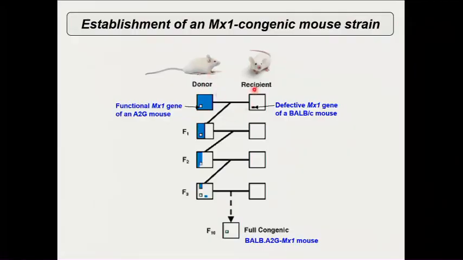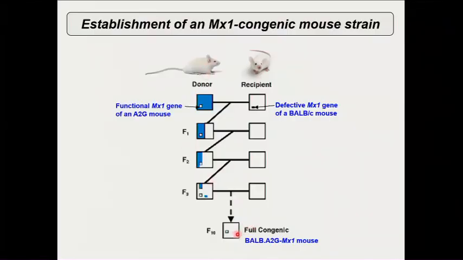So what you do is you breed them, and then you get an F1 generation that's half this and half that. Then you look at which ones in this generation have the functional MX gene, and then you breed them again back on the negative strain. And you repeat this and repeat this and repeat this. And largely, not completely, every single time you do this, you lose half of the genetic material from the donor strain.